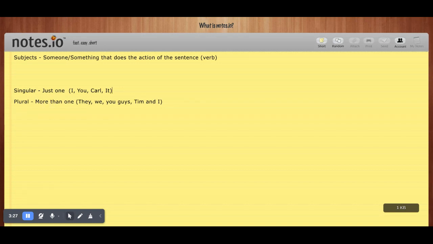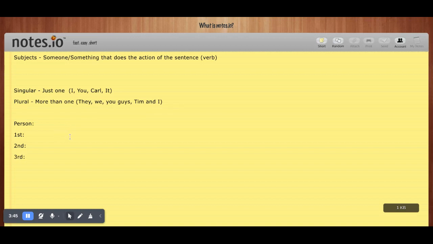So now that we've broken it into singular versus plural, let's talk about the person forms. This refers to first person, second person, and third person.